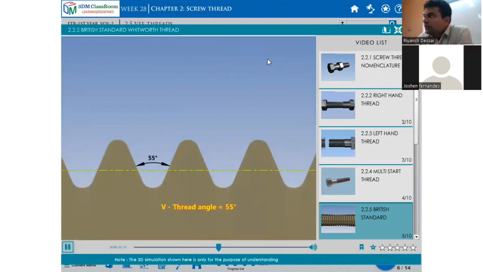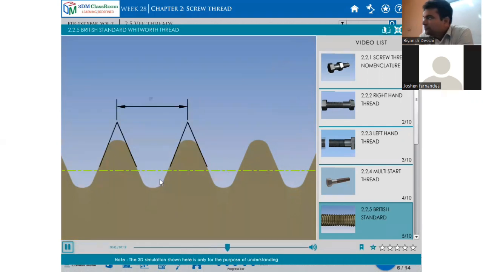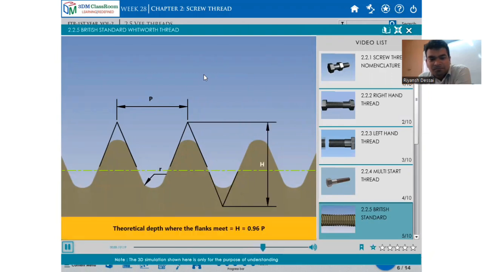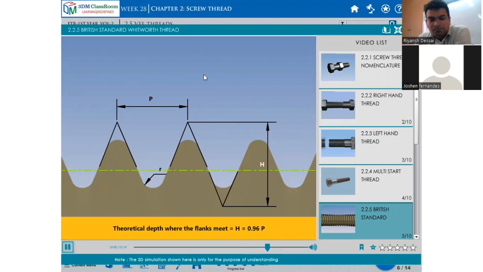Here the very important thing is this: the top portion is rounded and the bottom is also rounded. P is equal to the pitch of the thread. Radius R is equal to 0.1378. Theoretical depth where the flanks meet, H, is equal to 0.96 pitch.